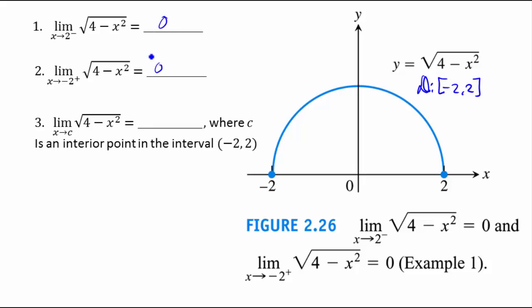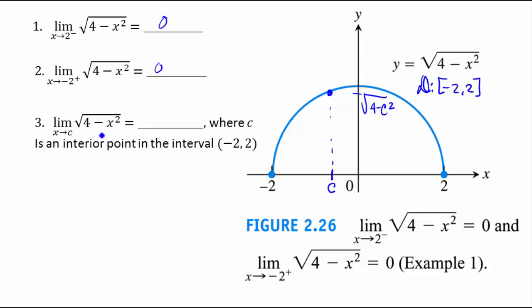Now let's take any particular point, say, how about this c? If we project up, what is the corresponding y value at x equal to c? That number is the square root of 4 minus c squared.